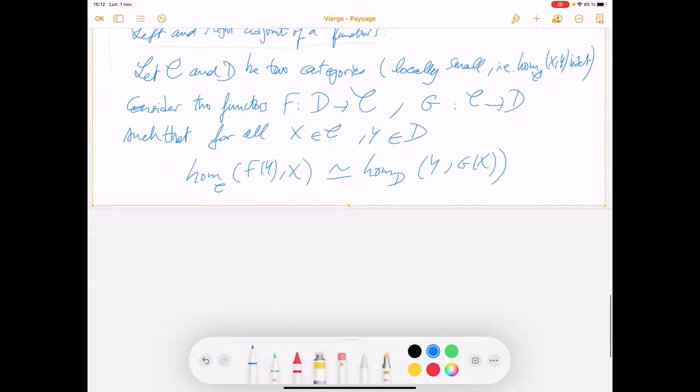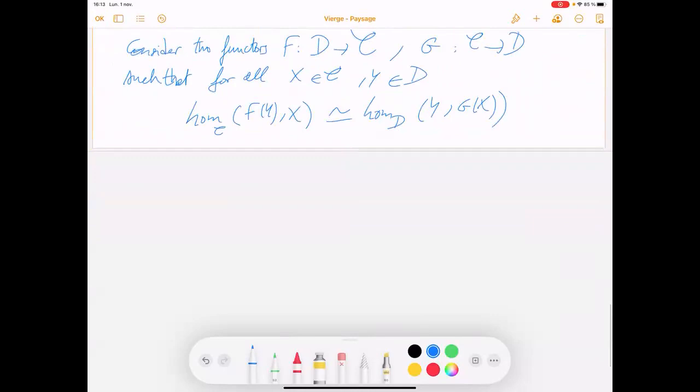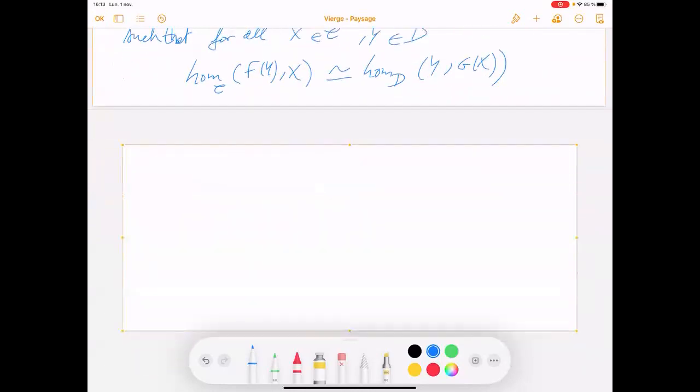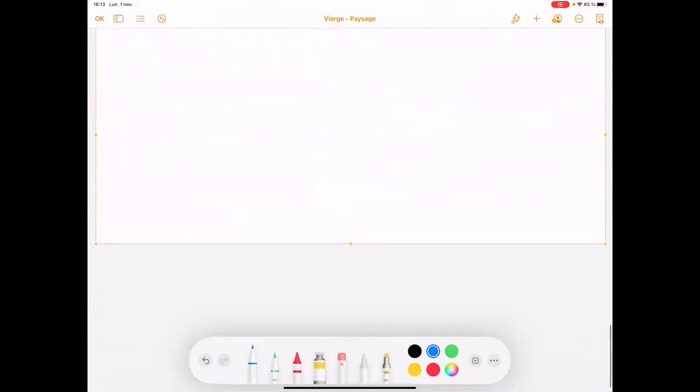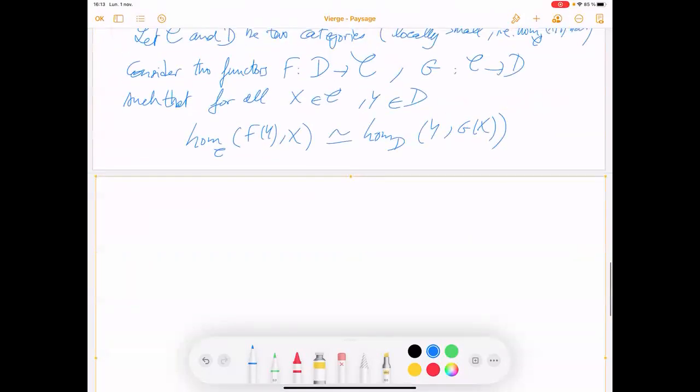where the bijection is natural in the following sense.